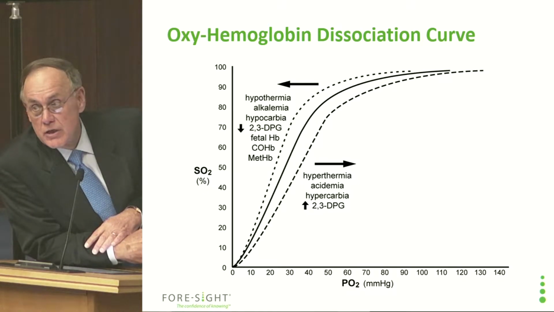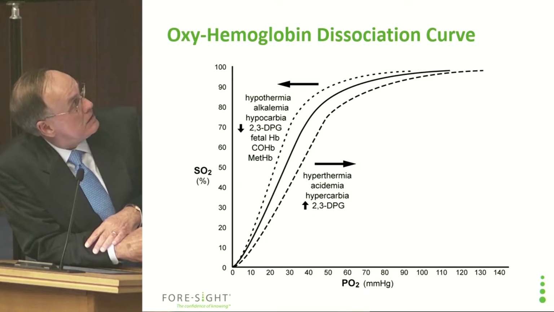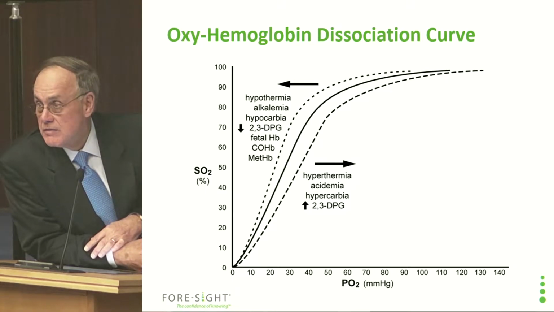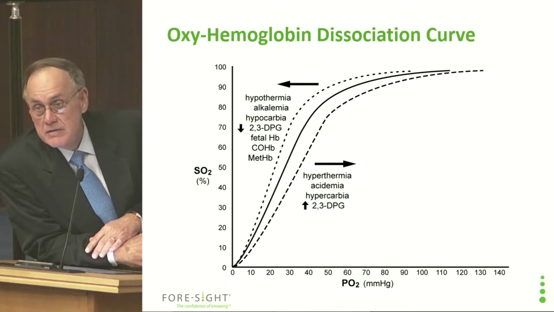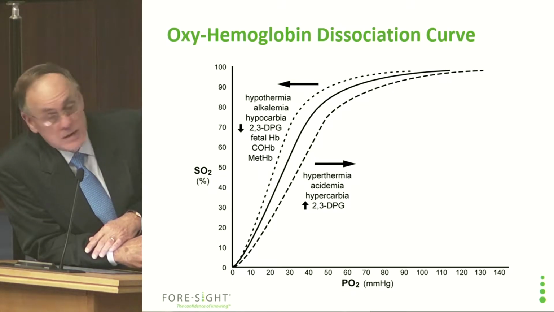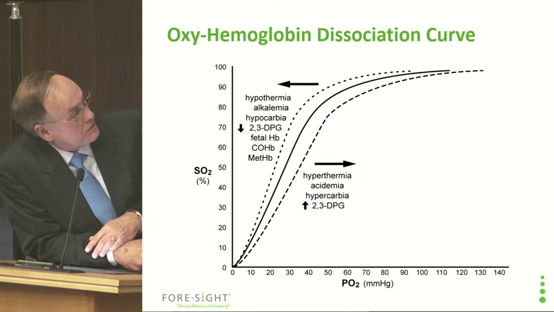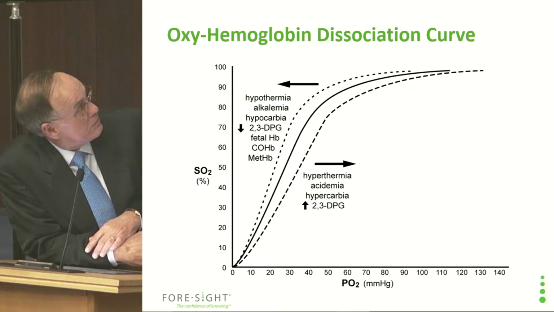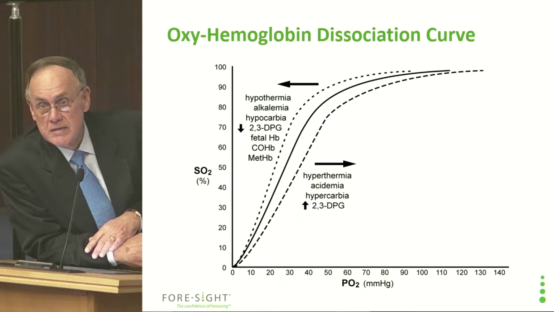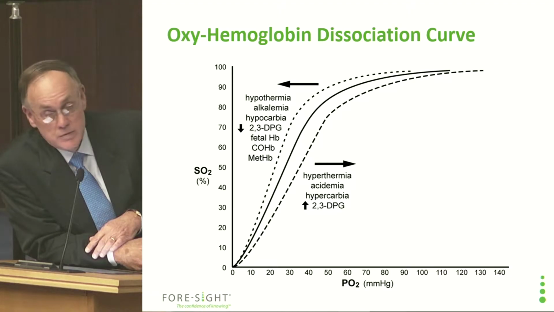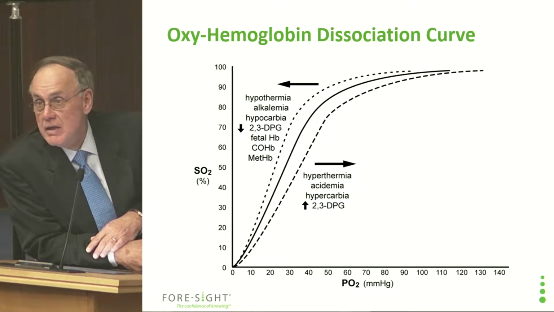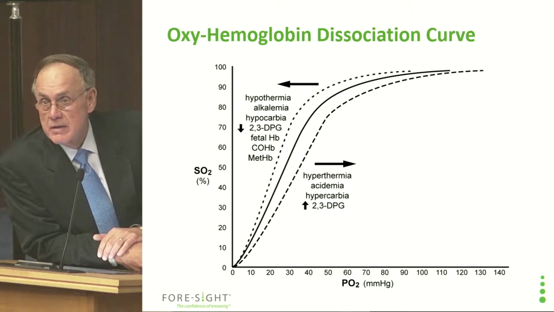And if the monitor is showing a saturation of 70, it correlates to a PO2 of approximately 40, which is normal. Of course, any saturation decrease would have a corresponding decrease in the PO2. Now, P50, the 50% saturation of hemoglobin level, corresponds to a PO2 of approximately 27. And this is where the hypoxia of the tissue really begins to start.